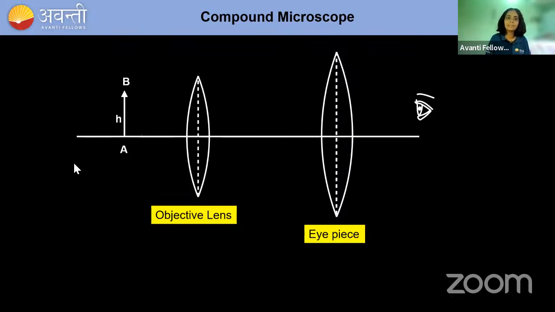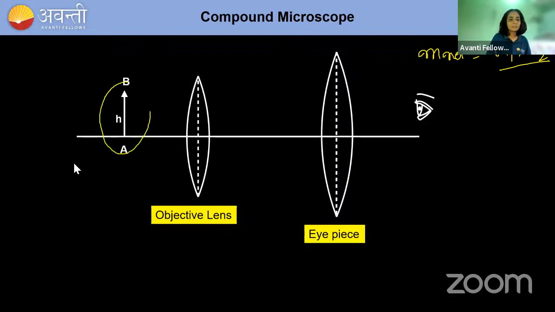Now, what will happen? So we all have learned about combination of lenses. I have told you if there are two lenses in combination, just in touch, or even if they are not in touch, the total magnification will be what? It will be the magnification by one lens into the magnification by the second lens, right? So total magnification will be M1 into M2. And here also the same thing will happen.